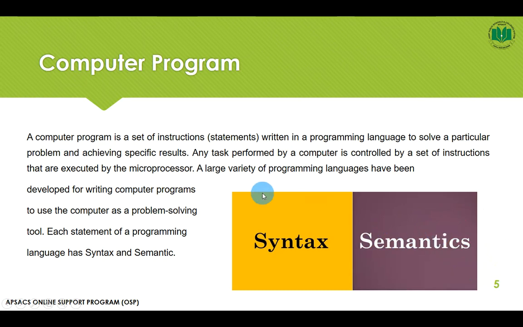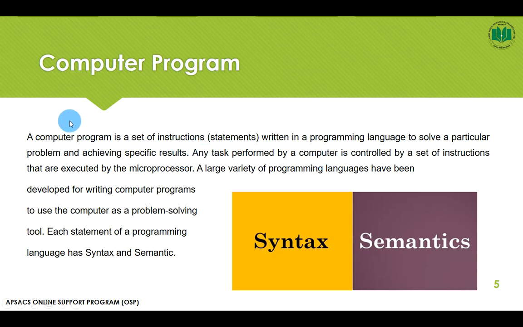So in this slide you have learned what a computer language is and what a computer program is. A computer program is simply a set of instructions to solve a particular problem by using a computer language, and a program is written by a computer programmer.